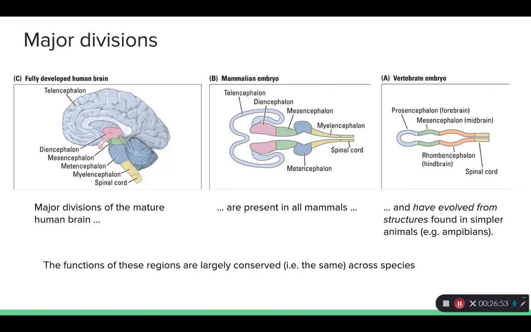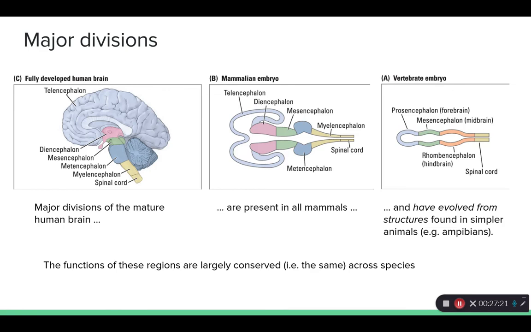A little mnemonic that I find helpful: I always remember that the telencephalon is at the top, T for top. The diencephalon is next. And then I remember that mesencephalon, metencephalon, and myelencephalon are in alphabetical order as you go from top down to bottom. And then, of course, the spinal cord is at the very bottom.